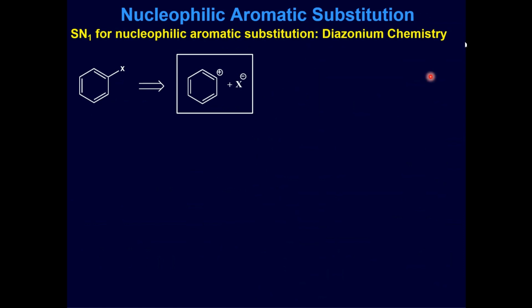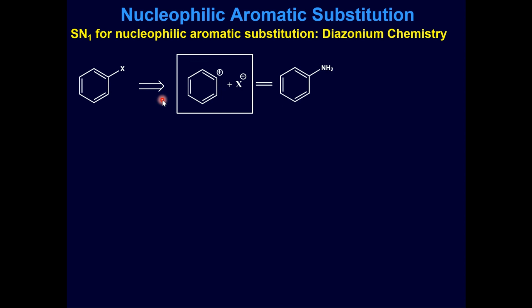The X here is the nucleophile, and nucleophilic substitution is difficult because benzene is electron rich and the X minus nucleophile is also electron rich. They repel each other. In that case, what should I do? I should increase the positivity of the benzene ring system.